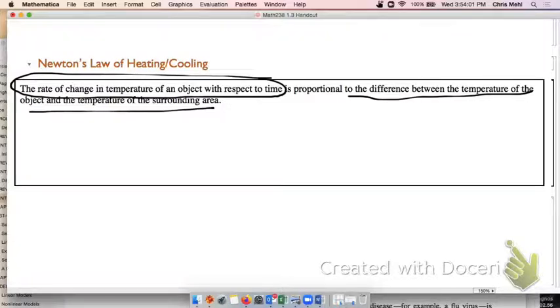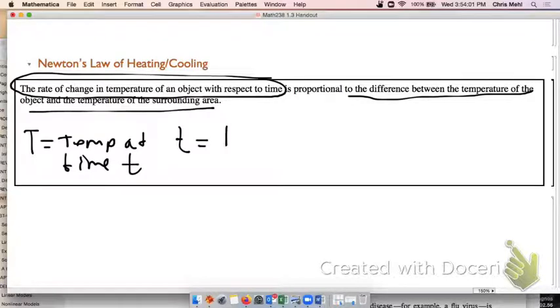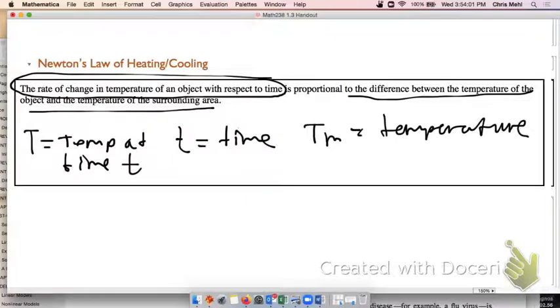So I'm going to introduce some variables here. Temperature is going to be T. T is the temp at time t. Lowercase t is time. T sub m is going to be the temperature of the surrounding area.